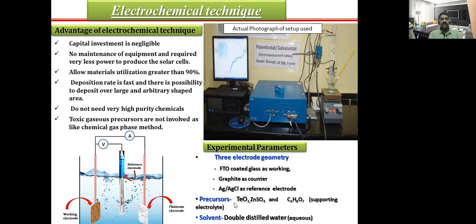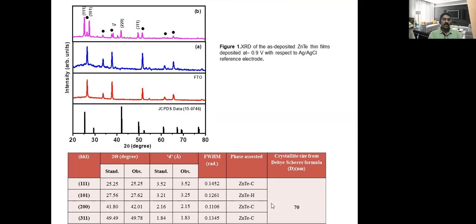The solvent is double distilled water, and it is electrodeposited at room temperature. The ZnTe thin film is electrodeposited at room temperature, and the deposition potential is minus 0.9 volt. So this is the X-ray diffraction spectra for the as-prepared film as well as the annealed thin film.